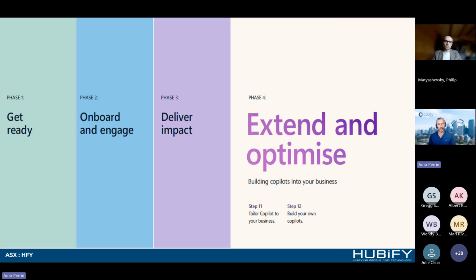And the final piece is extending and optimizing Copilot for business needs. Again, Phil will touch on this a little more as well, but this is where you start going into some really tailored components of what Copilot can do. There's Copilot Studio. As an example, it comes with more than 1,200 different connectors, not just with the Microsoft stack, but also a whole lot of solutions and systems that sit outside that.